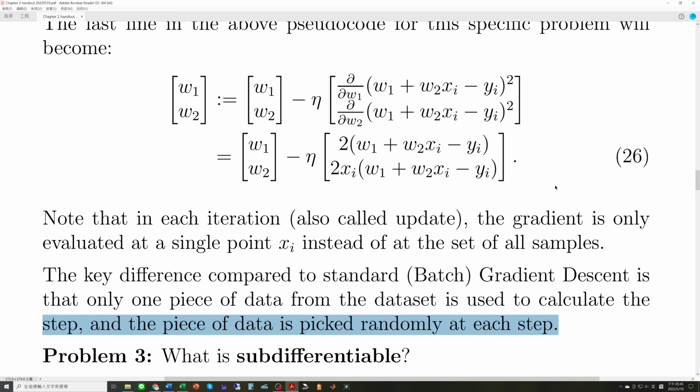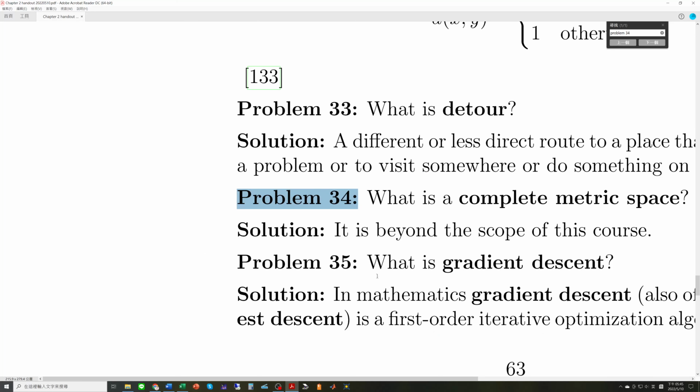Okay, so next let us go to problems, if I remember correctly, problem 35. What is gradient descent?